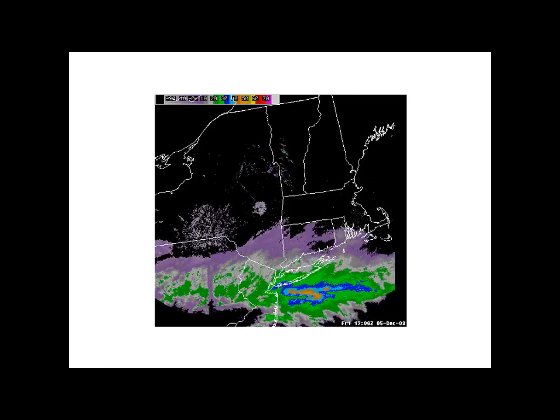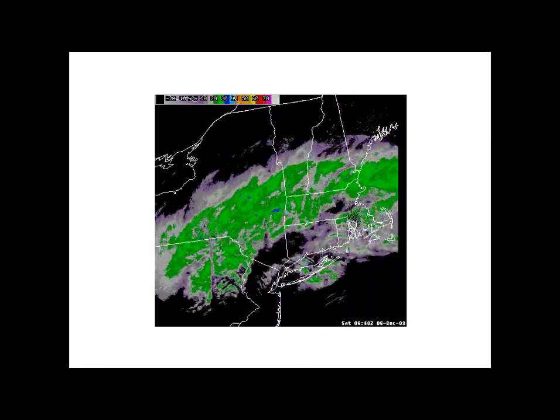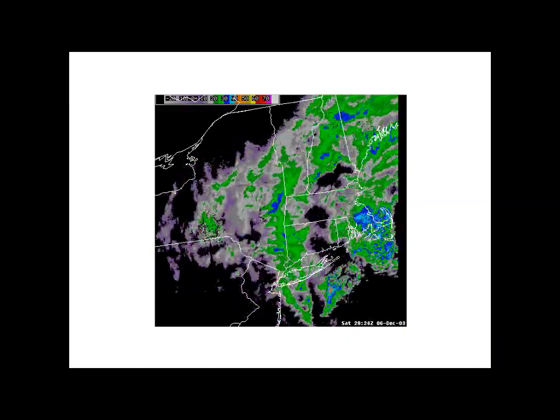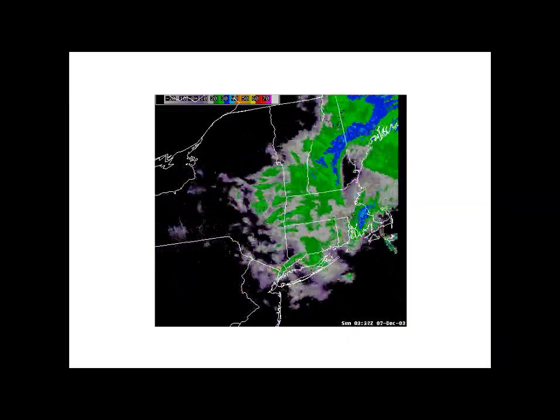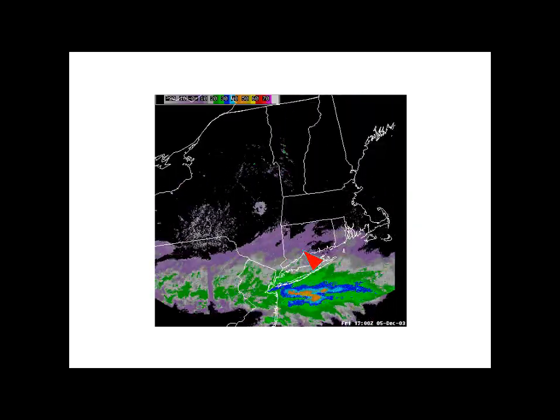So next, let's look at a radar loop and assess that potential. Okay, here's this radar loop, and we can see that that potential for mesoscale banding is definitely coming true. We see early on in the loop that there were some mesoscale bands just north of New York City, pretty much east-west oriented, right around there.